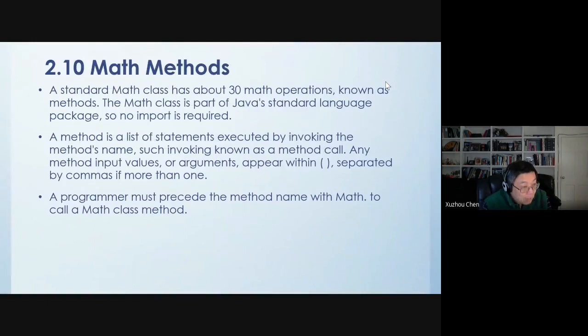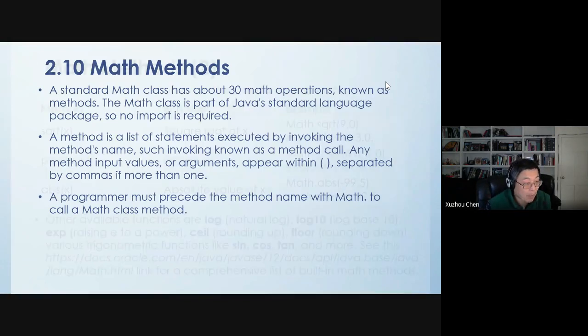Okay, so the next thing we can talk about is the math methods. We have learned math, and there are many formulas that we have used. In Java, we can use these math methods without defining them.